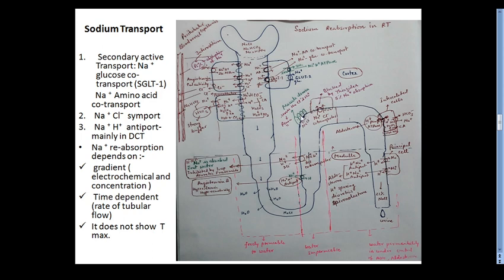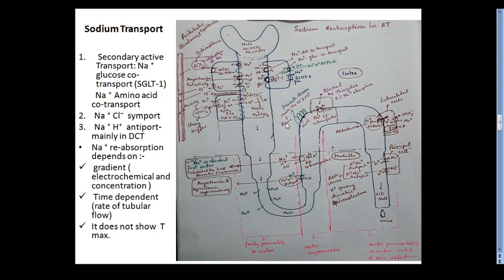and this macula densa basically has chemoreceptors. They sense the level of sodium and chloride ions, and then they stimulate the juxtaglomerular cells which are present in the afferent arterioles to release renin, and this renin converts angiotensinogen into angiotensin 1, the inactive form.